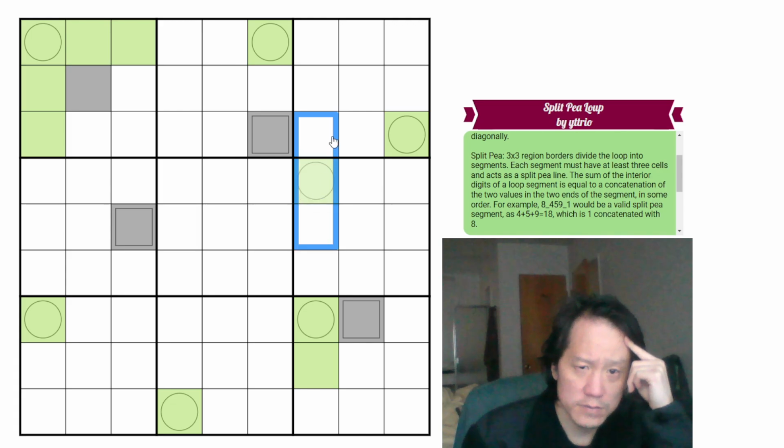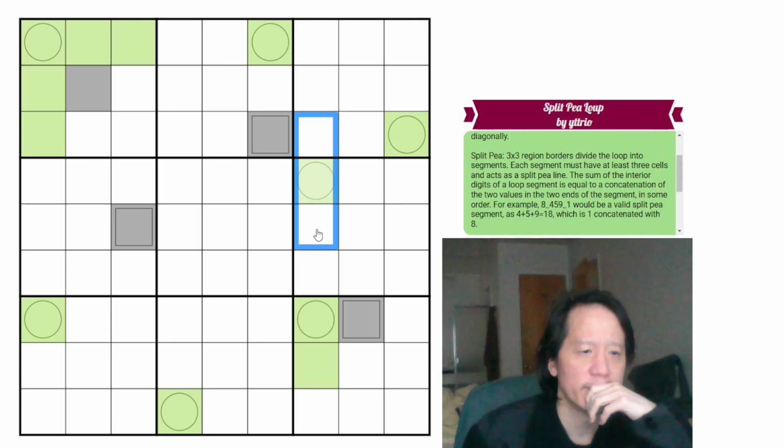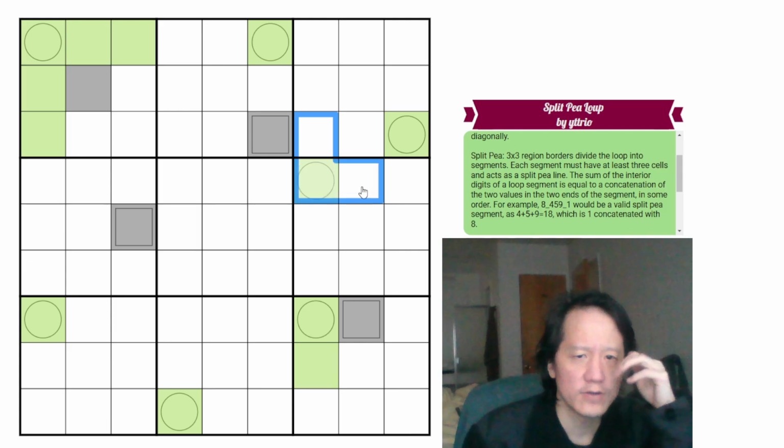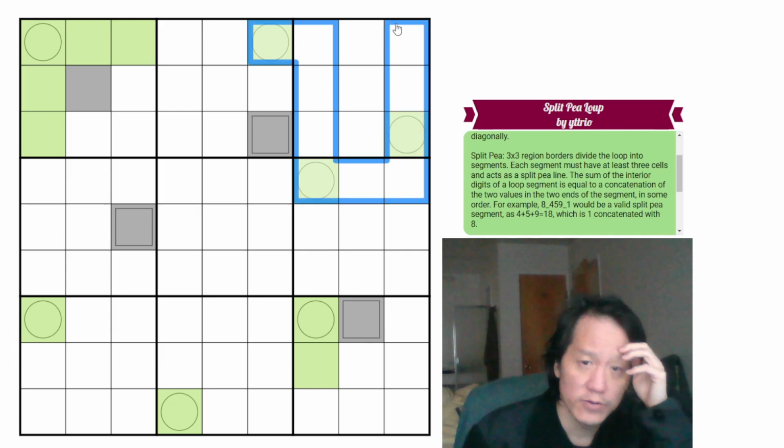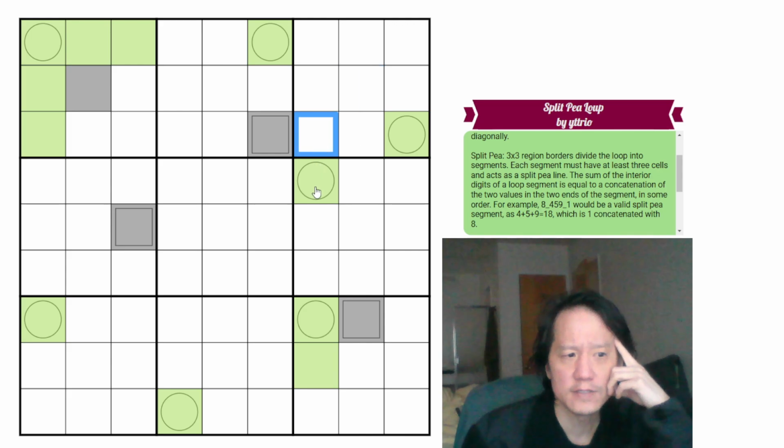If it enters in this way, where can it exit out? It can't really go this way because then it must connect this, and therefore this one would have to, where does this go? It can't go anywhere, right? So that's not valid. So if it goes in here, it has to go here.